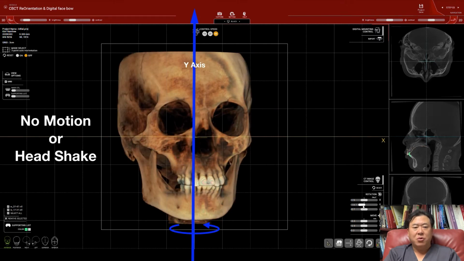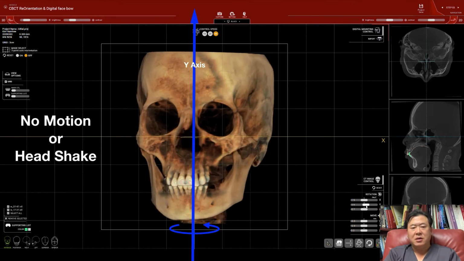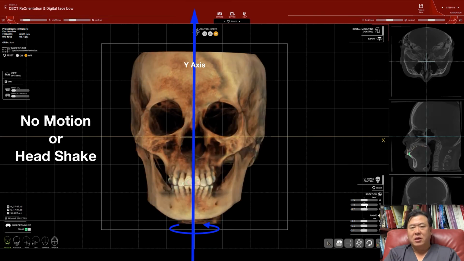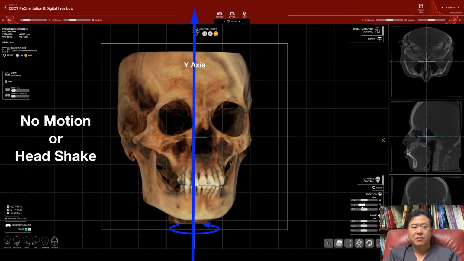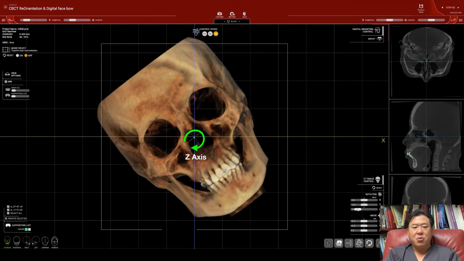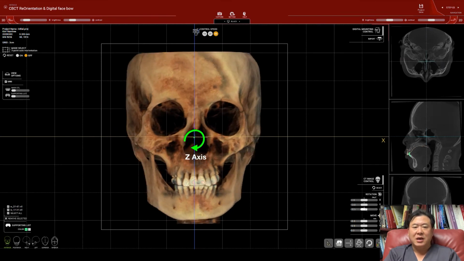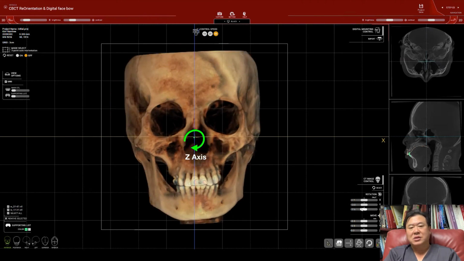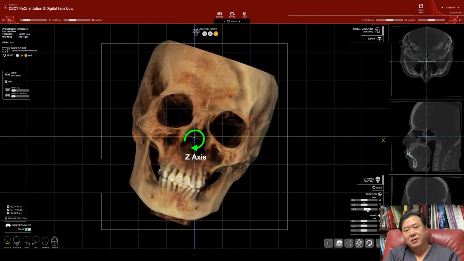When your head rotates in the y-axis, it is a head shake, or I call it the no motion. When your head rotates in the z-axis, it will make a side to side tilting of your head, like this.